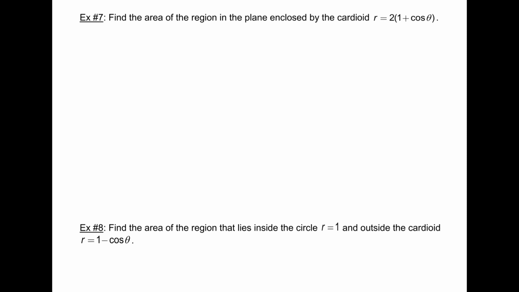Find the area of the region in the plane enclosed by the cardioid r equals 2 times 1 plus cosine theta. Okay, so the region in the plane, enclosed by the cardioid. So what are the angles I'm looking at here? I want to go from alpha to beta, but what's my alpha and beta?